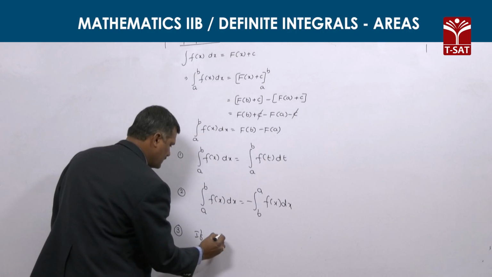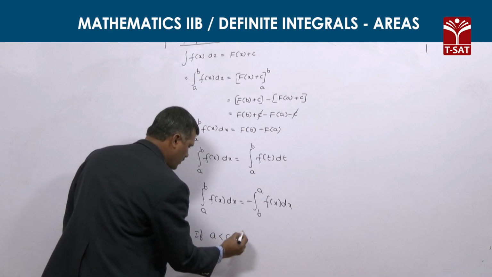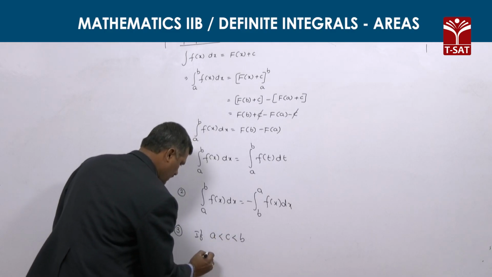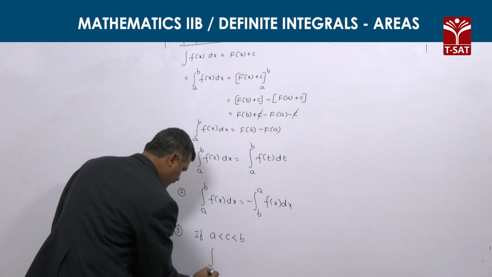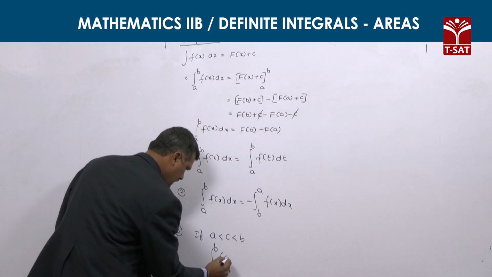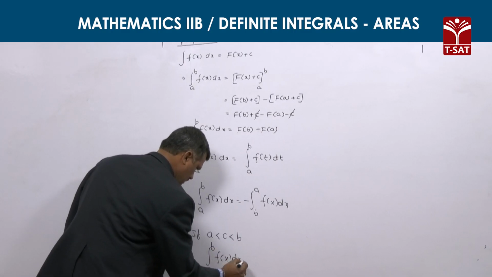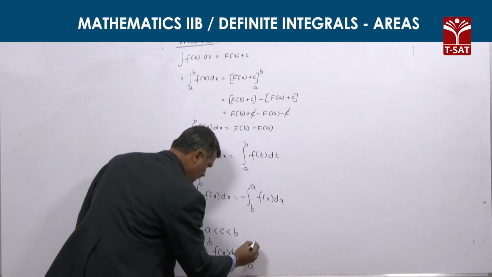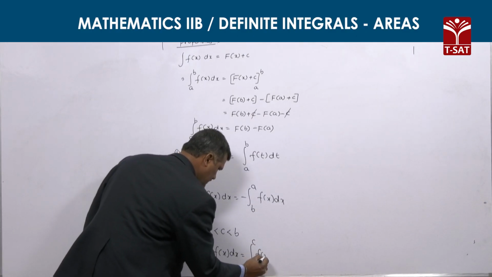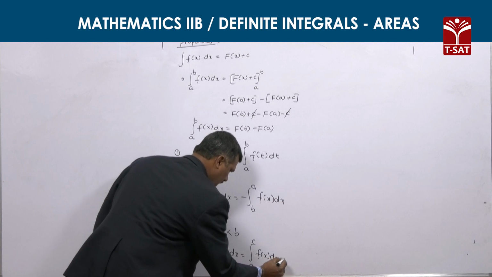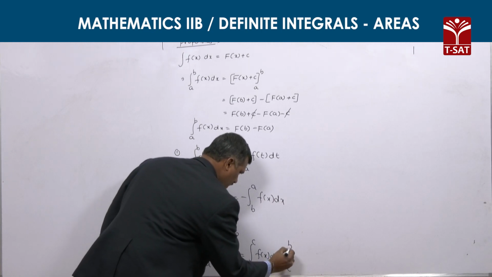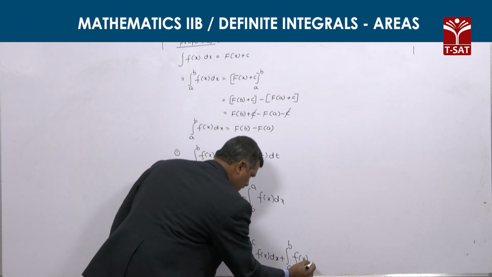If a is less than c is less than b, then integral of a to b f of x dx is equal to integral of a to c f of x dx plus integral of c to b f of x dx.